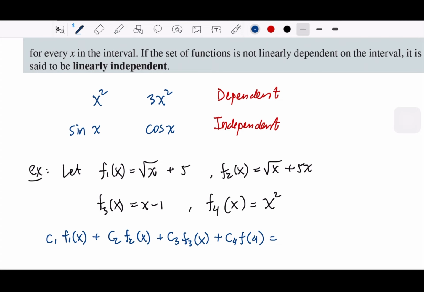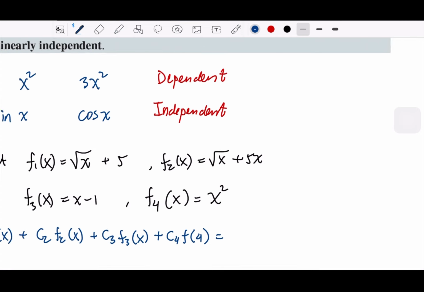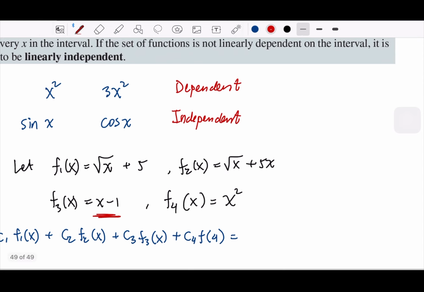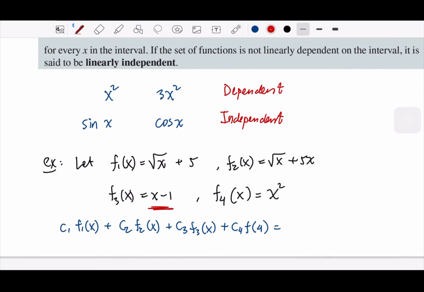If we look at f3, x minus 1, right? And we have this minus 1, and this is plus 5. So perhaps we are going to multiply f3 by the constant 5. So we could rearrange this.